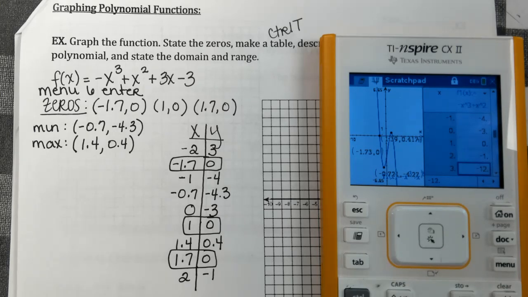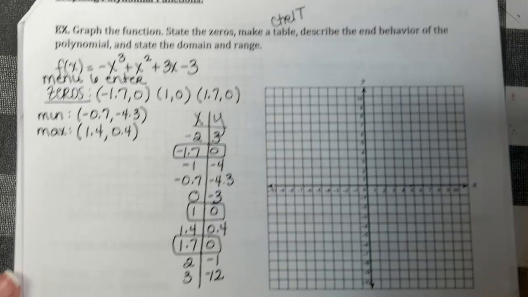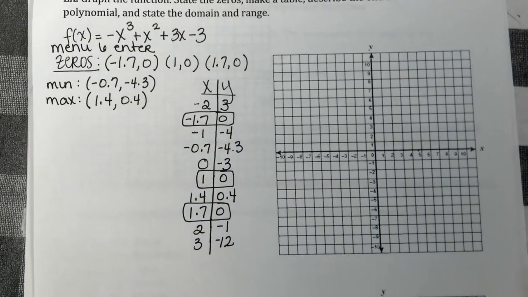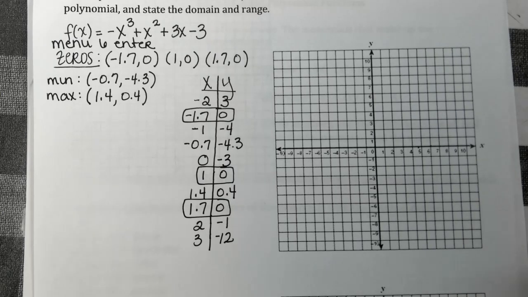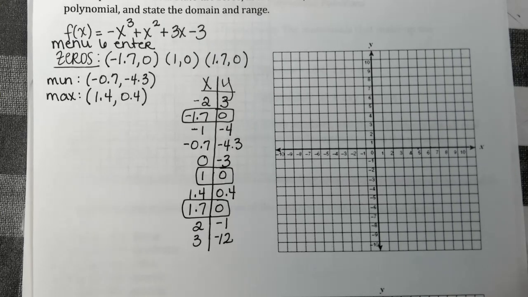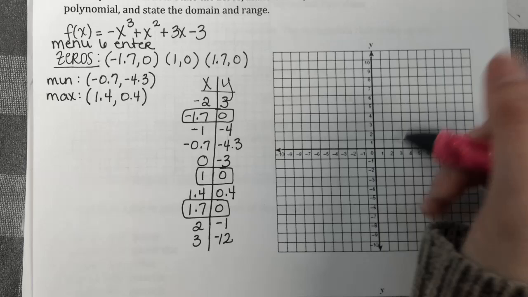Y'all follow me on how I'm including everything? Okay. And then 3, negative 12 just slightly goes off my graph. So I can still include that. Okay, so then we're going to plot those points.